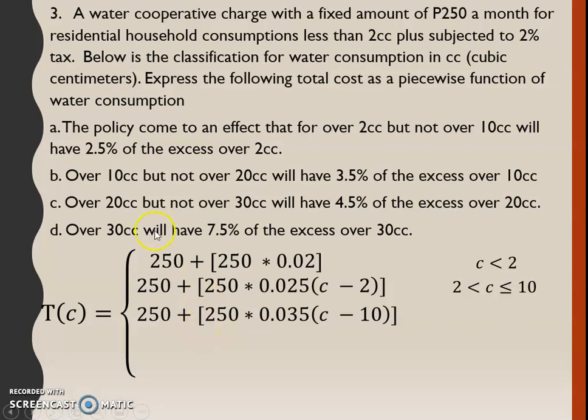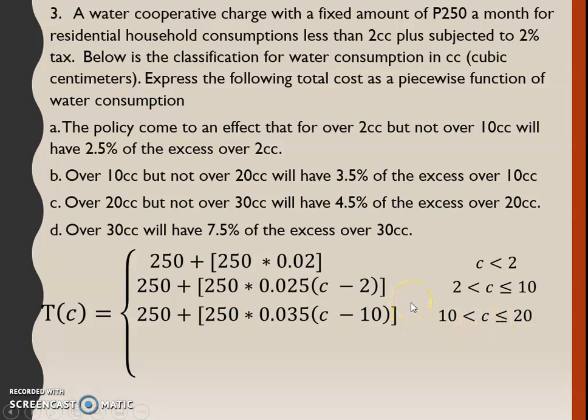So you also have the third one: over 10 cc but not over 20 cc will have 3.5% of the excess over 10 cc. So 250 plus 250 times the tax rate, 0.035 or 3.5%, times the excess of C minus 10 for this interval.